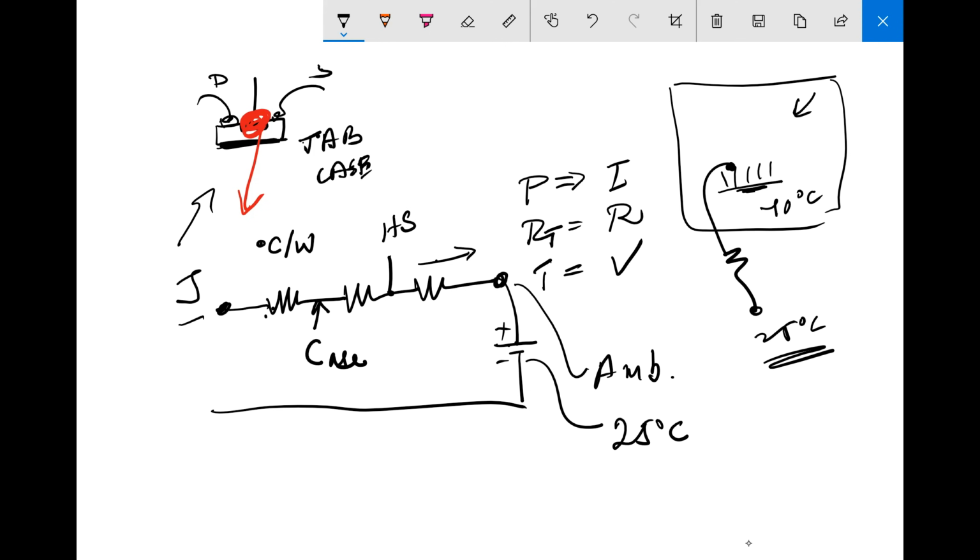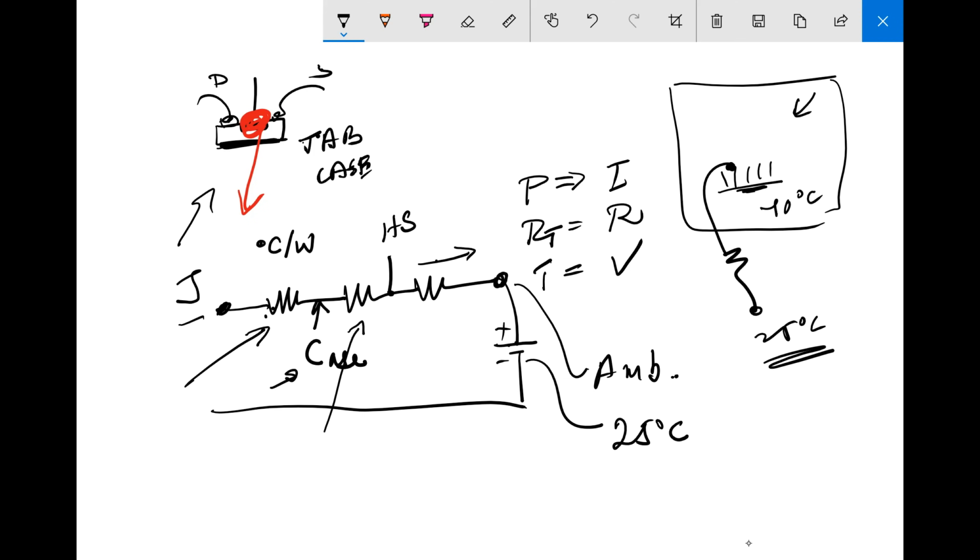As I said, assuming an ambient here of 25 degrees. Okay. Now we're going to see, of course, that this parameter and this parameter are given by the manufacturer. By the way, in this particular transistor, you have junction to case.